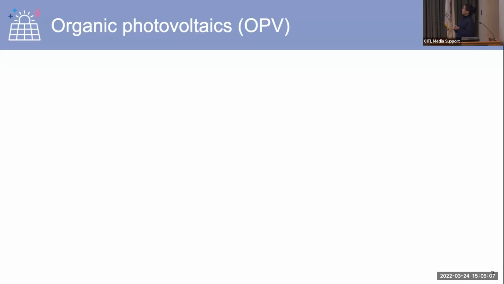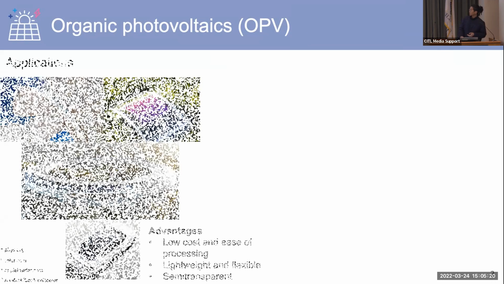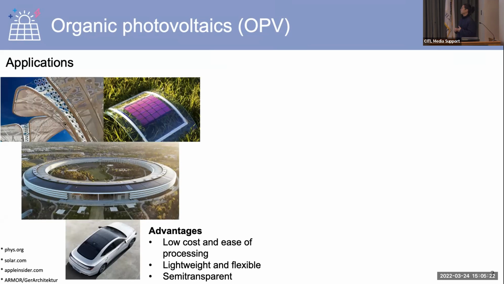Organic photovoltaics, also called OPV, is a well-known energy harvesting device applied to many things. For example, it can be attached to the curved surface of architectures or buildings, and it can be applied to flexible organic electronic devices and also some vehicles.